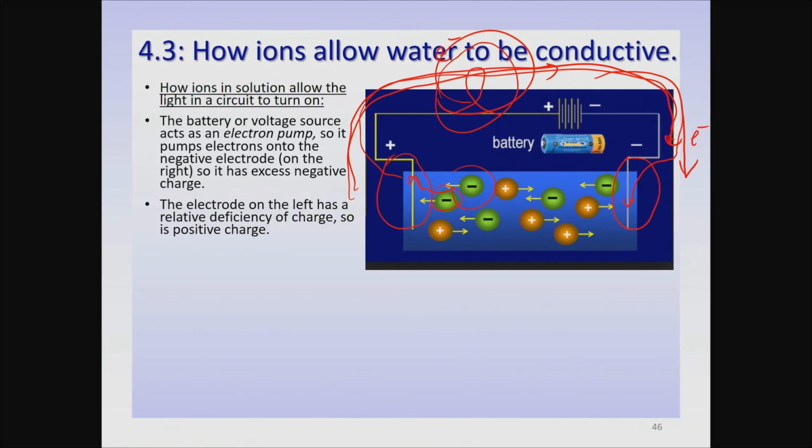They become neutral atoms. So as long as ions are there, the negative ions will replenish electrons into the positive electrode so that those electrons can flow through the wires. Then once the electrons get to the negative electrode, the positive ions will collect those electrons and remove them. And so that allows circulation of the electricity through the wires, and that turns the light bulb on.